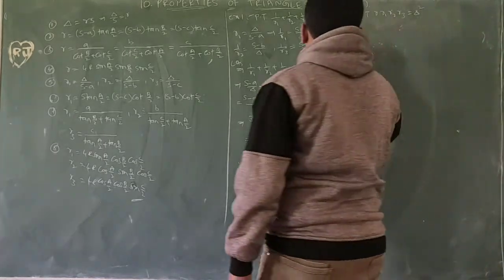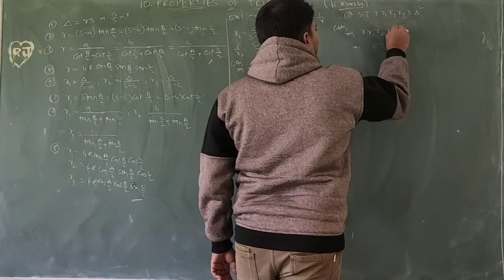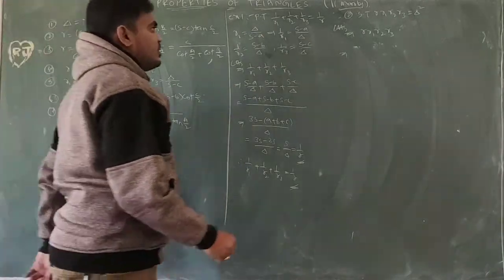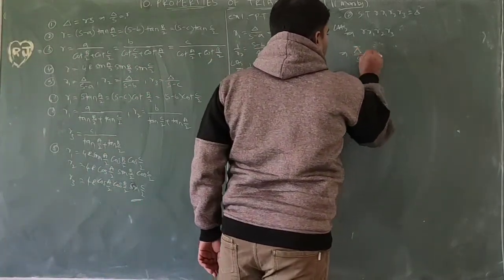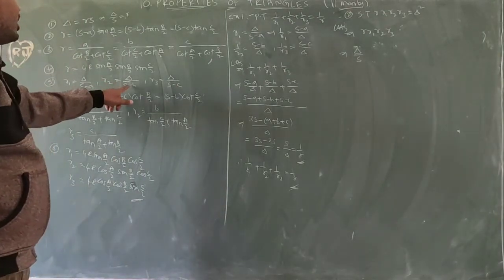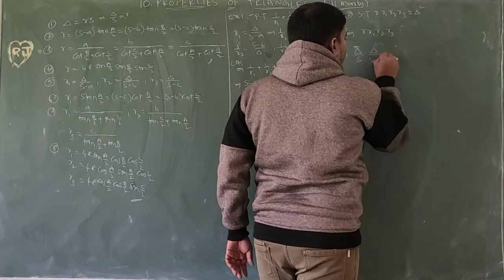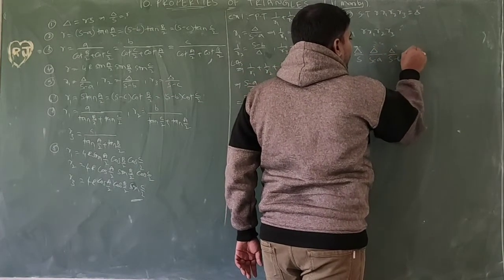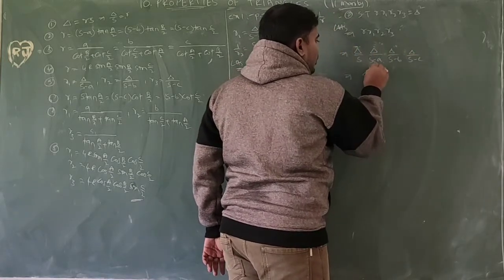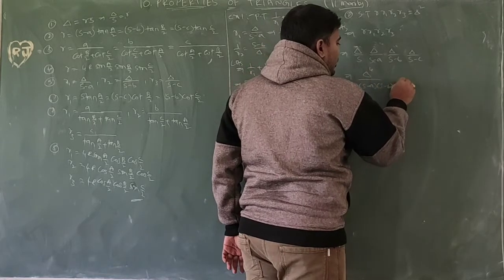LHS: r r1 r2 r3. r formula is delta by s, r1 is delta by s minus a, delta by s minus b, delta by s minus c. How many deltas? Delta power 4 by s, s minus a, s minus b, s minus c.